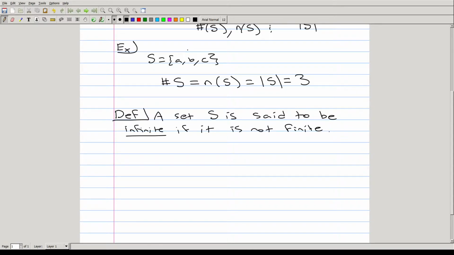And I want to give a warning immediately right here. There are different sized or different types of infinite sets.